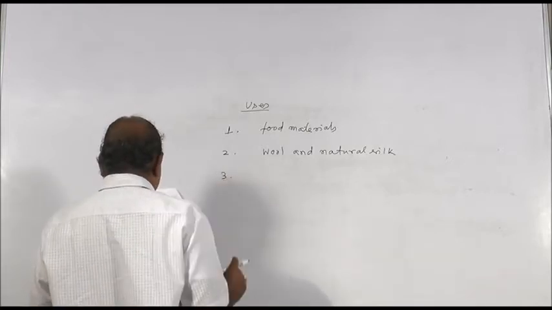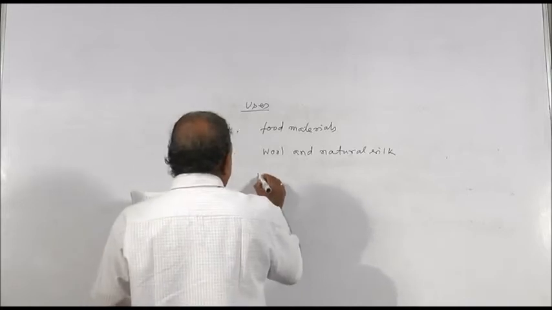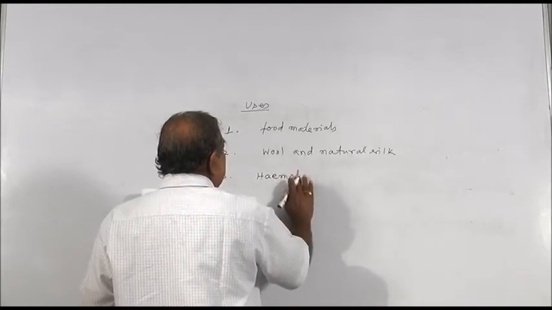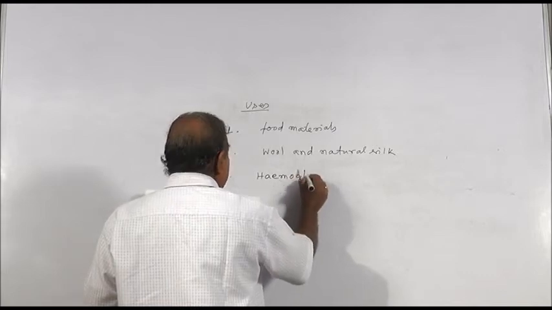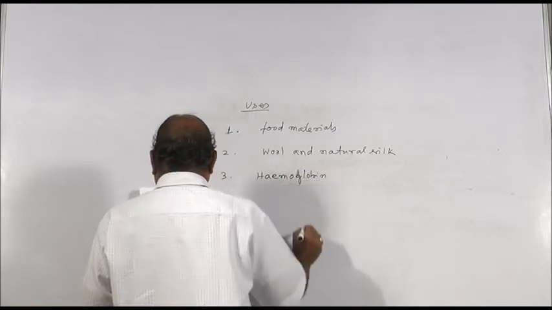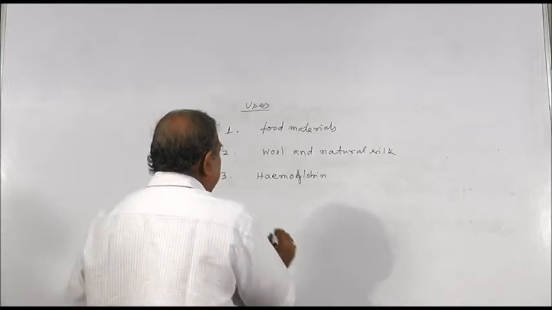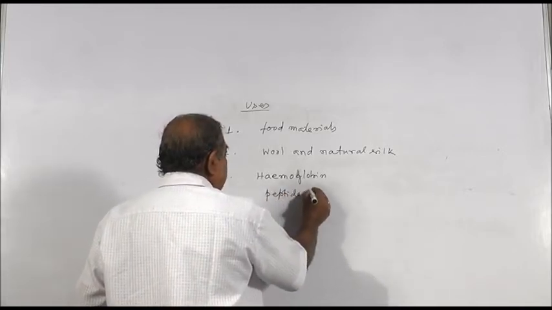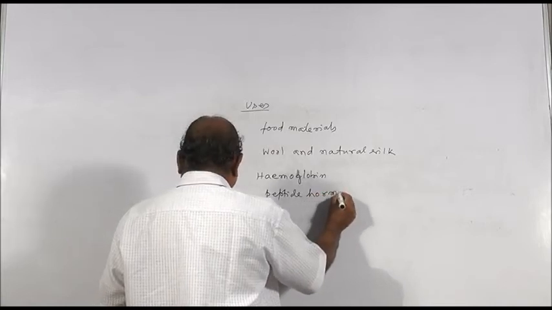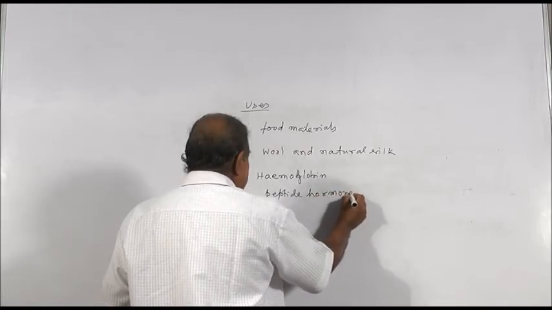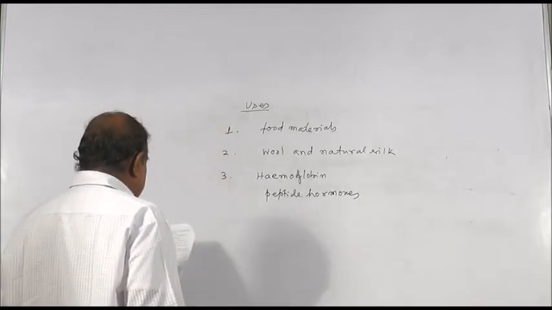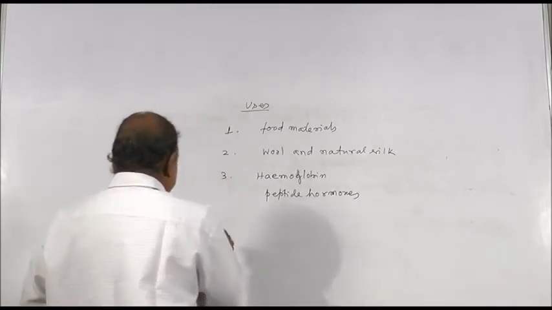Third, proteins like hemoglobin and various peptide hormones are essential for different metabolic activities of the human system.